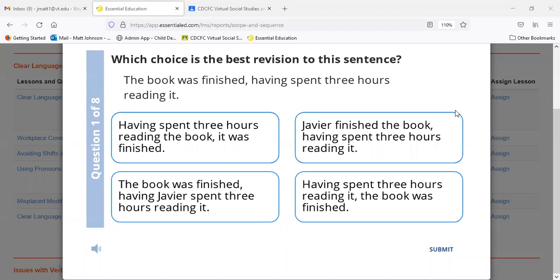We have no idea. The book wasn't reading itself. So we need to have someone there who is reading it. In this case, we put Javier finished the book, having spent 3 hours reading it. That's our revision. We need to have somebody reading the book to prevent that from being a dangling modifier.